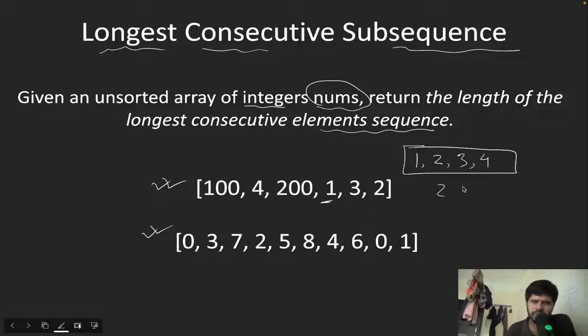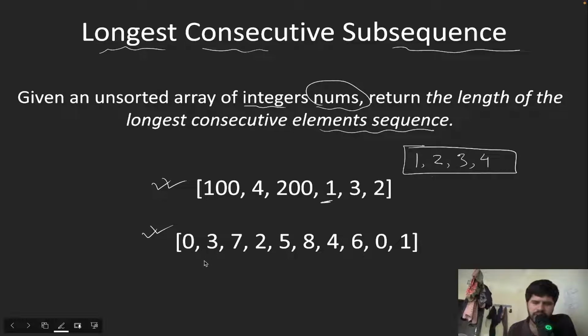Also here we have 2, 3, 4. This is not the longest. Here also we have just 3, 4 or 2, 3. But the longest consecutive sequence is 1, 2, 3, 4.